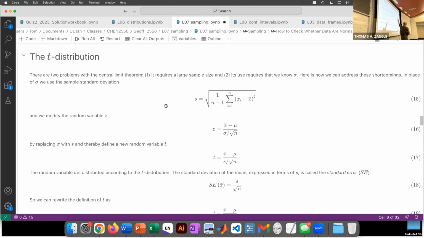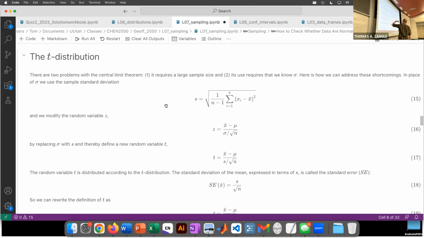We often don't have such a large sample size, but we still want to make some kind of an estimate of the probability of getting a given value from our experiment. And we generally don't know the population standard deviation. If we knew the population standard deviation, we wouldn't have to be doing the sampling in the first place, generally.